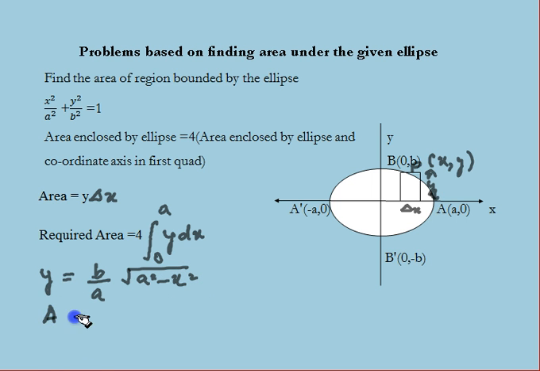Therefore, area is equal to 4 times the integral of y, which is b by a root of a square minus x square dx with limits 0 to a. This is equal to 4b by a into the integral of root of a square minus x square with respect to x with limits 0 to a.